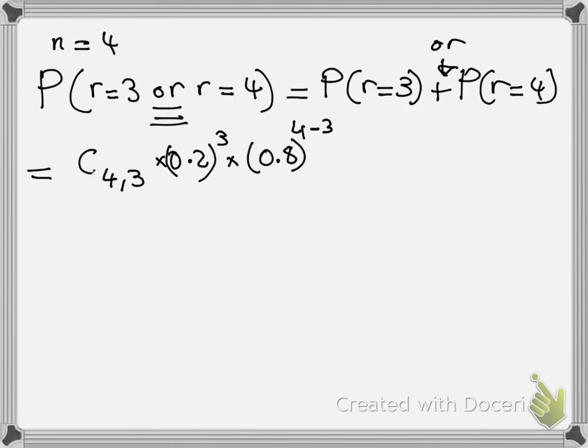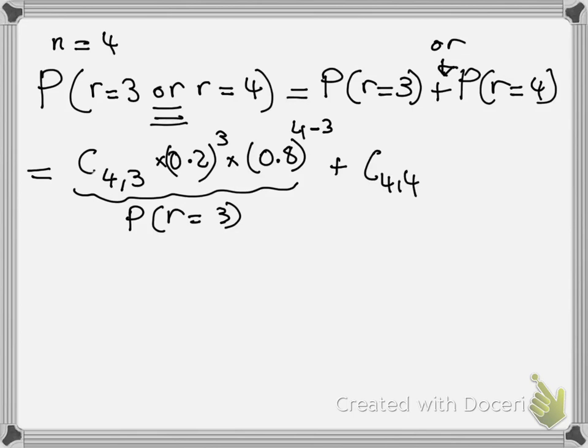Plus, this first part is the probability that R, the number of successes, is 3. Now, the number of successes is 4, so R is 4, N is 4, so that's 4 choose 4 times the probability of success, P to the R, R is 4, times the probability of failure, 0.8, to the N minus 4. N is 4, minus 4.